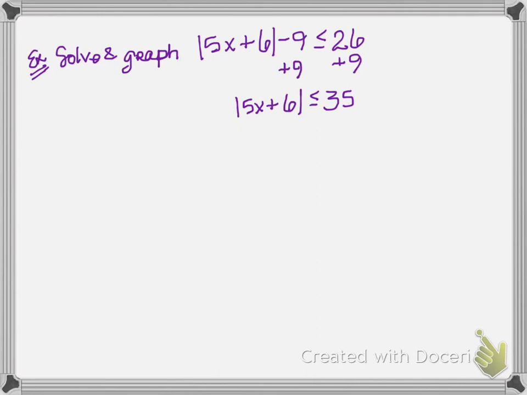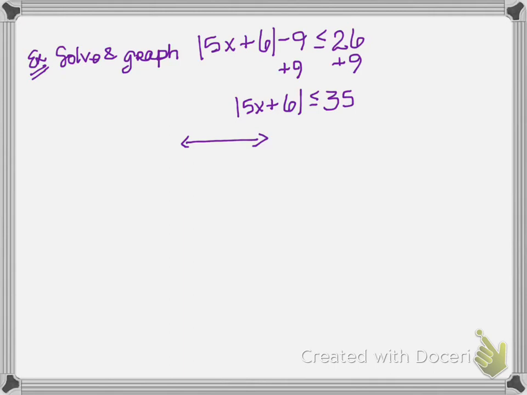So this right here is an extremely important step. You have now isolated the absolute value. Once you have done that, then you start thinking about where that absolute value is.